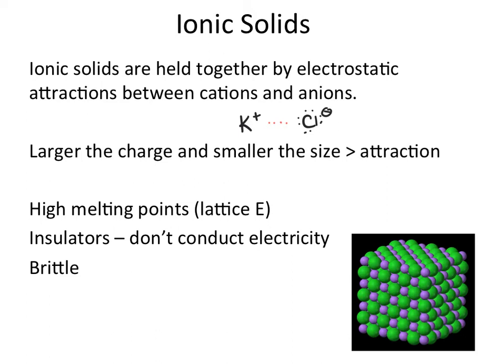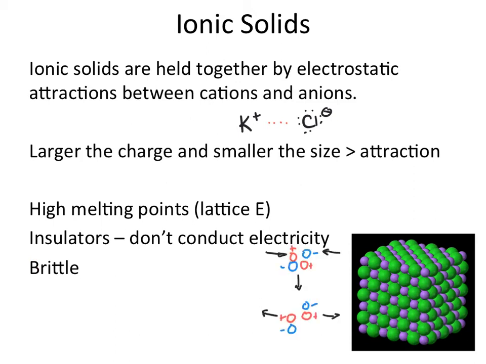Now, we know also, according to Coulomb's law, that the larger the charge and the smaller the size of the ions are going to lead to greater attractive forces, and that attractive force is going to be directly connected to the additive aspect of the lattice energy. And basically high lattice energies lead to very high melting points, and basically some of the features that we expect with ionic solids. So again, ionic compounds are good insulators.